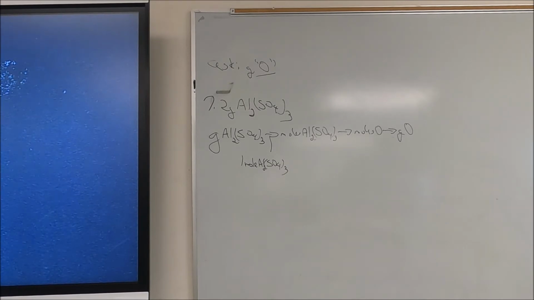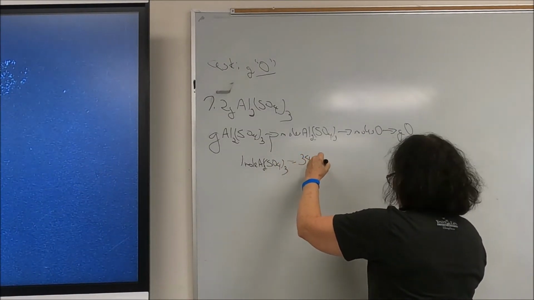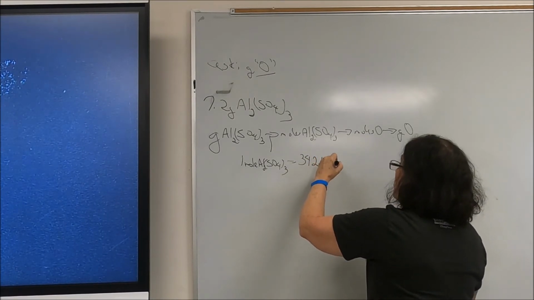So 2 times 26.98, plus 3 sulfurs, 3 times 32.06, plus 12 times the molar mass of oxygen, so 12 times 15.9994. So I get that 1 mole of aluminum sulfate has a mass of 342.1328 grams.